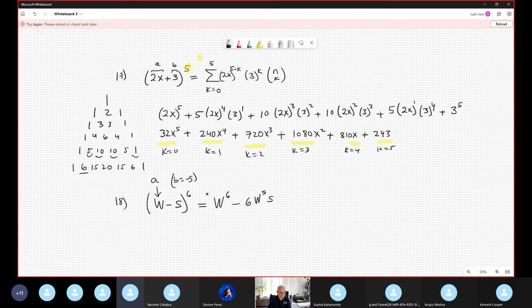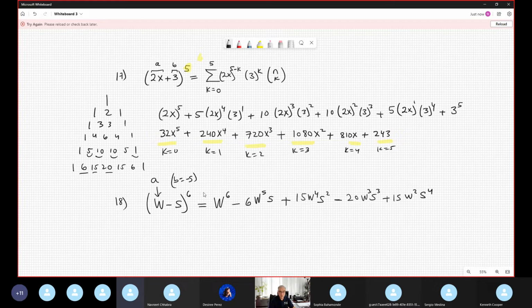What's the next? Well, the next is 15 W4 and S squared, but it is positive because it's even. Minus 20 W3 S3. I know it's negative because the exponent is an odd number on the S. Plus 15 W squared S to the 4th power, even, positive.